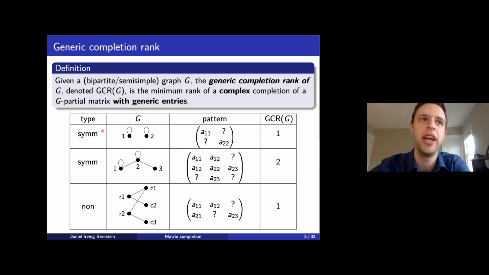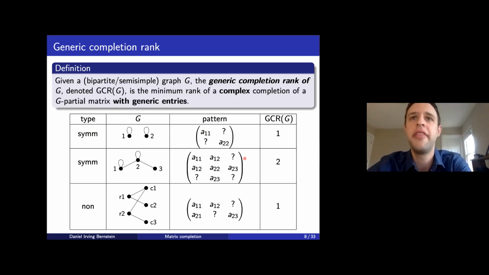Here's an example. If I'm in the symmetric matrix completion setting, I could potentially be looking at this graph. To figure out its generic completion rank, I have to look at the corresponding pattern of knowns and unknowns.